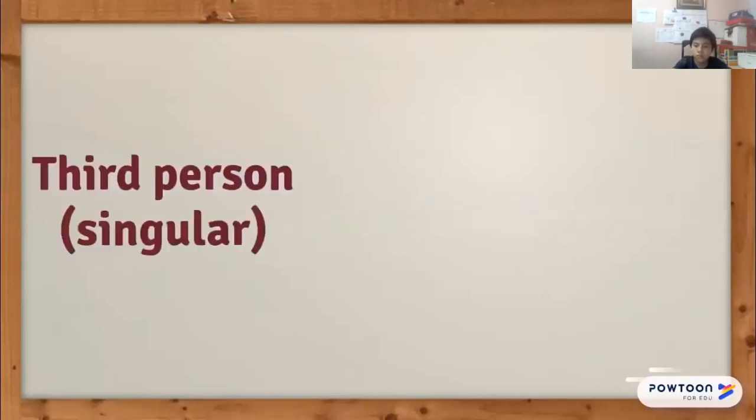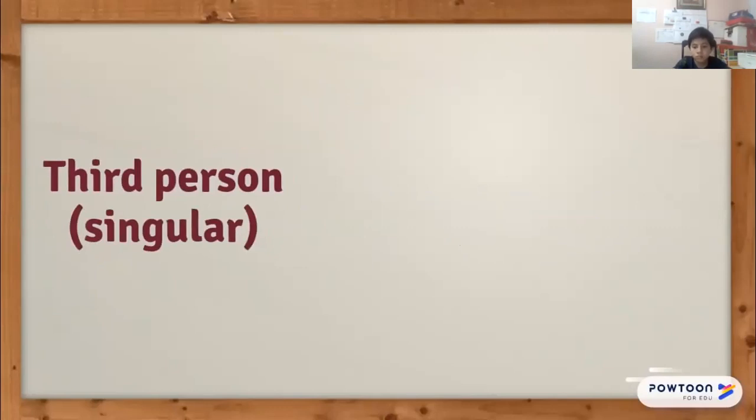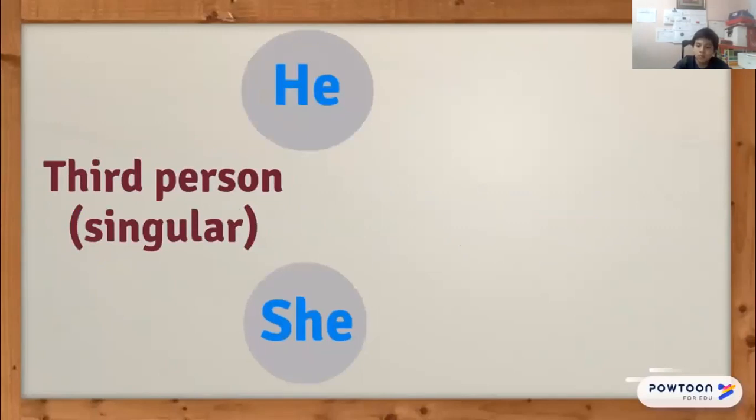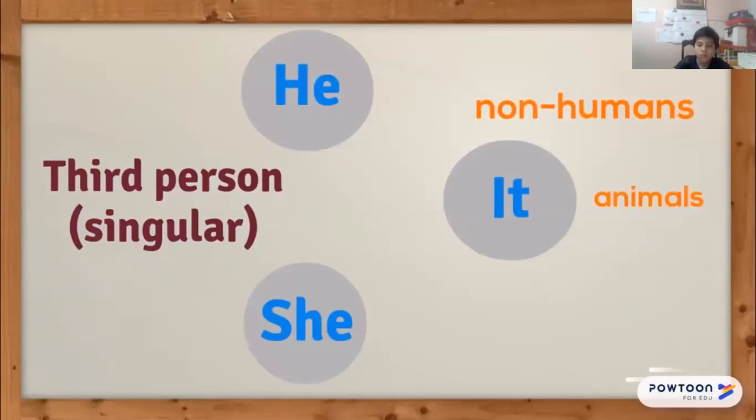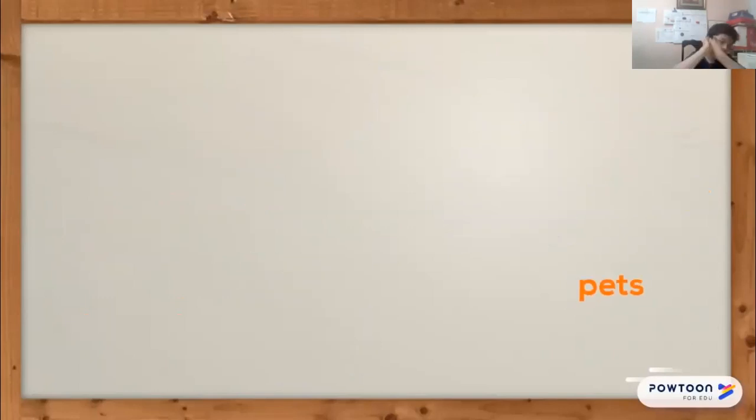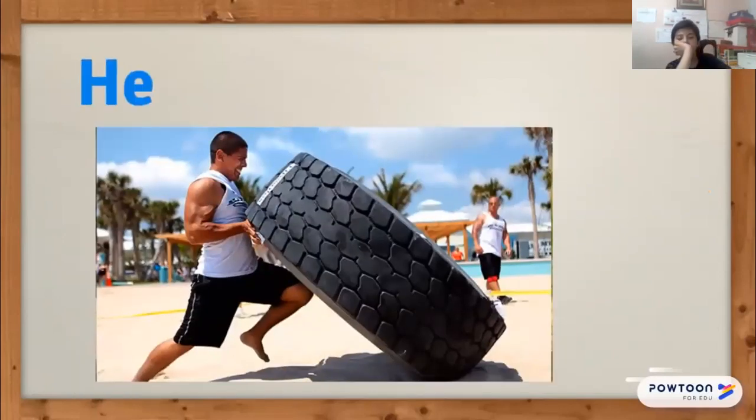Now, for the third person singular, the subject pronouns are he, she, and it. We use he for male, she for female, and the subject pronoun it is used for non-humans and animals, including pets. For example, he is a strong man.